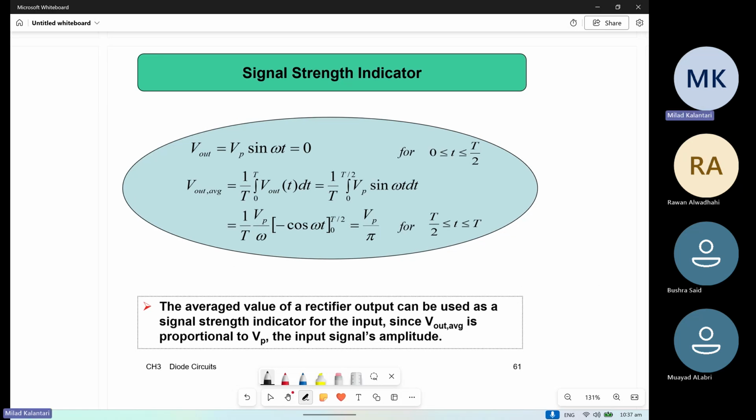Okay. So once you rectify a sinusoidal signal, let's say you have a sinusoidal signal, once you rectify it, it will be like a half wave signal.